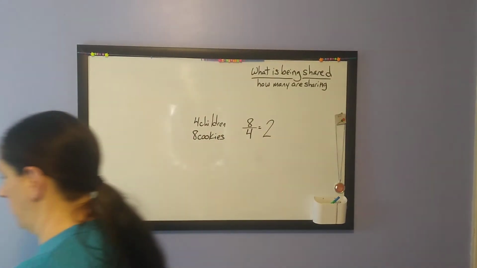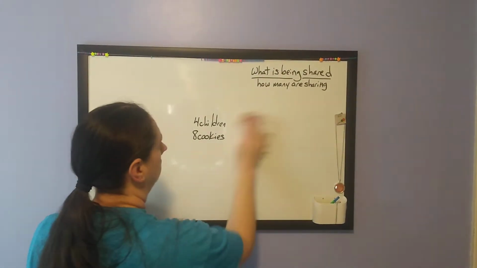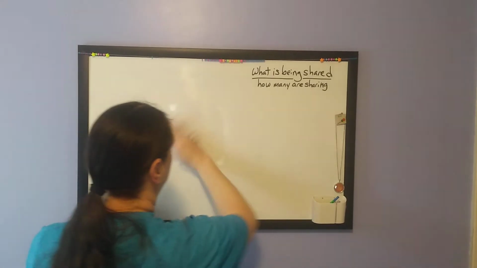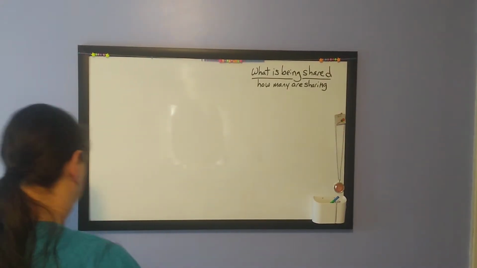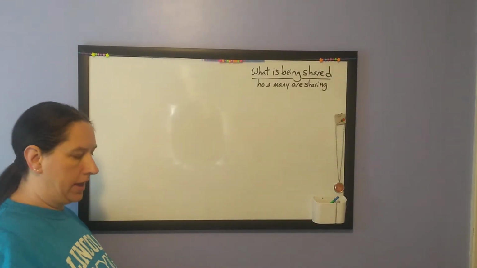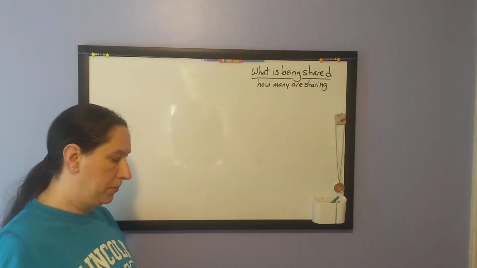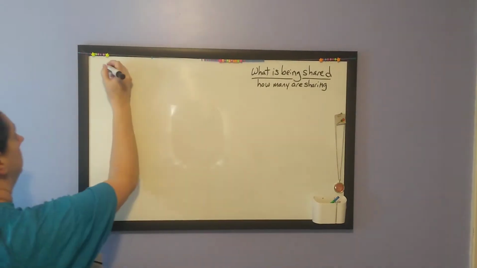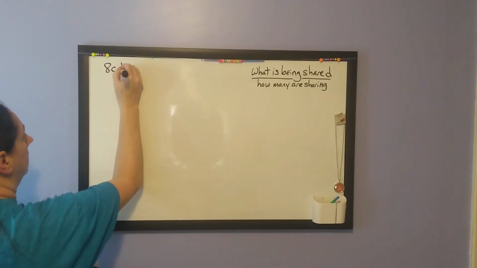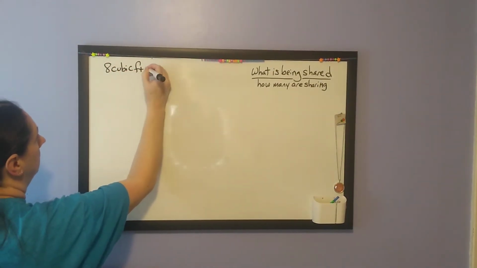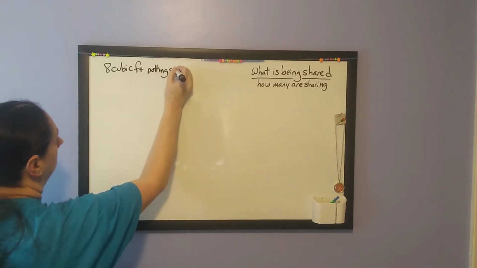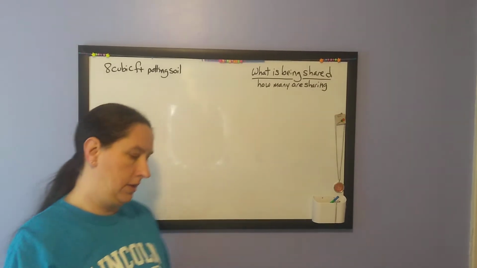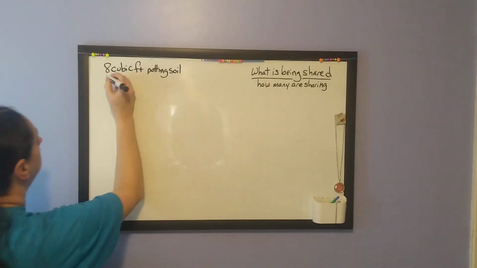Okay, so now that we know how to do that, let's look at number 2. It says Marta has 8 cubic feet of potting soil. I'm going to start by writing that down. 8 cubic feet potting soil, and 3 flower pots.